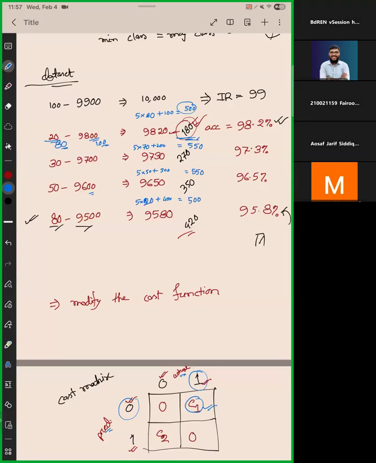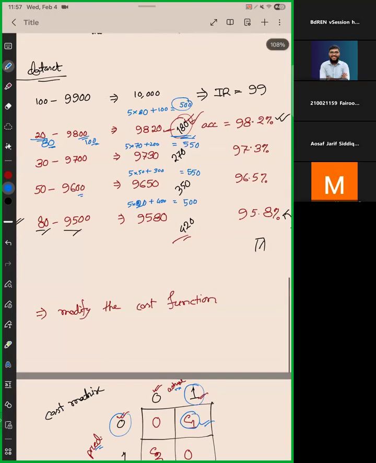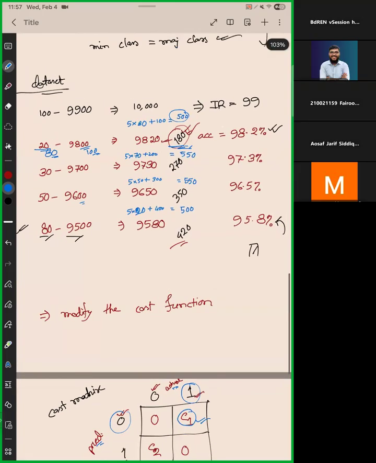Sir, by looking at this table after increasing the weight, how can I understand the contribution of the minority and majority class? Okay, let me explain. As we have changed the value 5 times more, any error on the minority class is now penalized more.